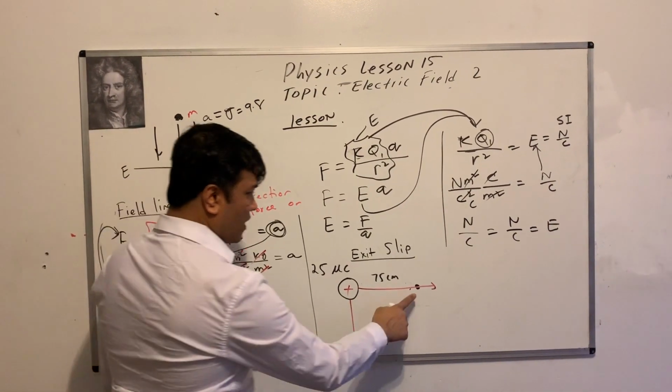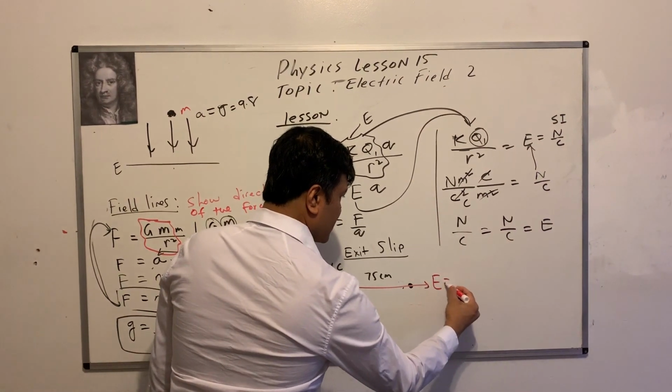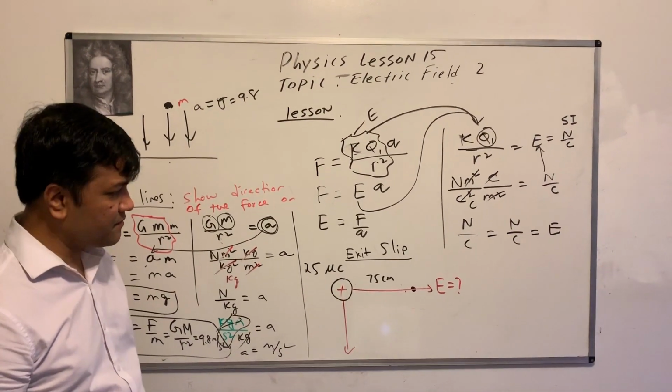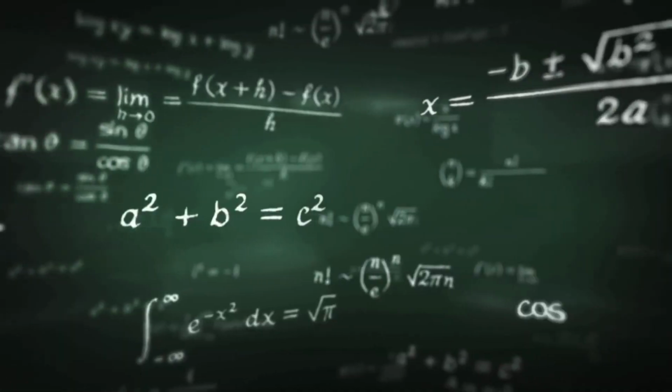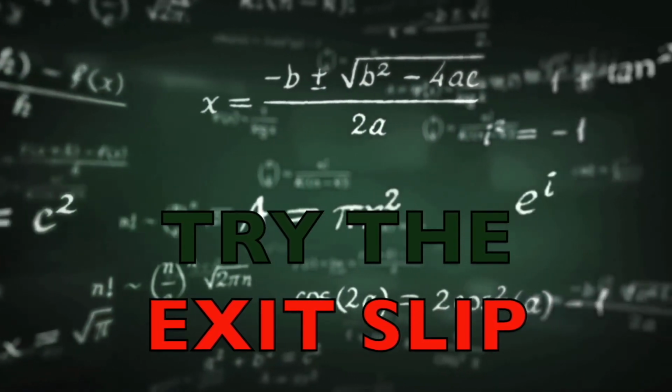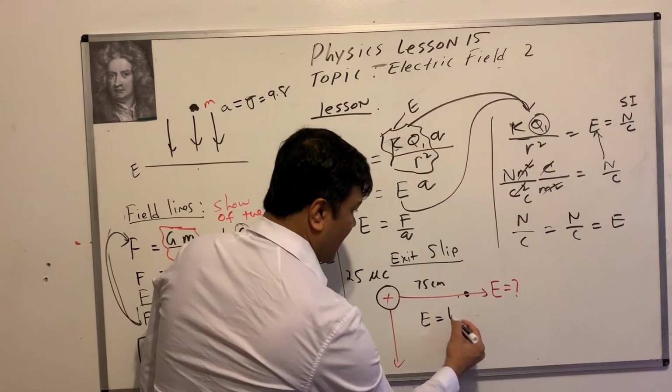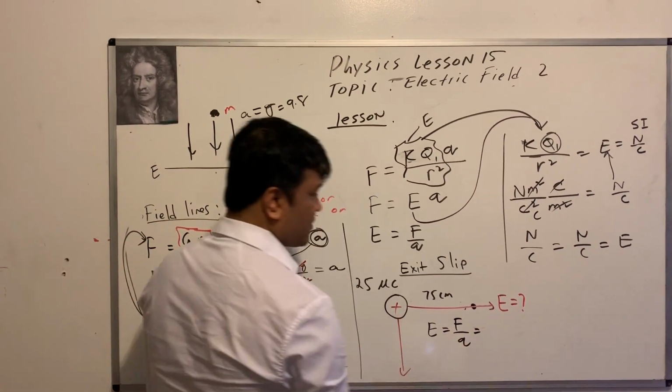Good. I want you to find the magnitude of the electric field. Pause the video and try it on your own. The magnitude of the electric field would be what? It is F over Q, but you cannot use that.